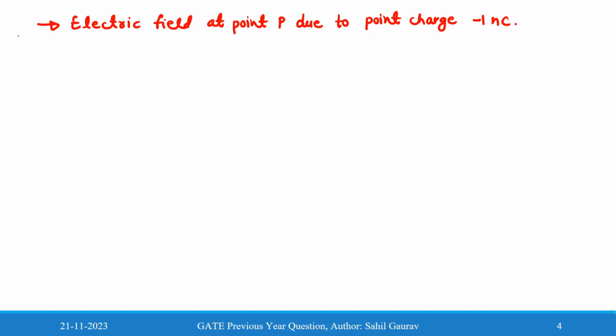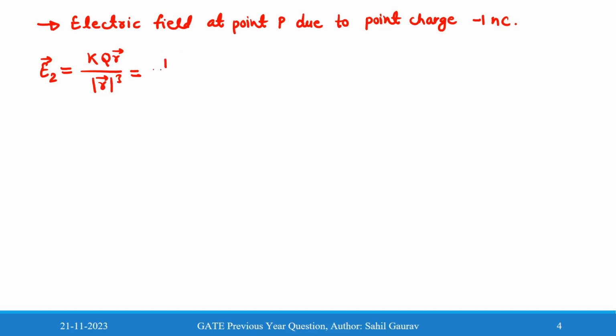So let us assume it as E2. E2 is K Q R vector divided by cube of the magnitude of R vector.